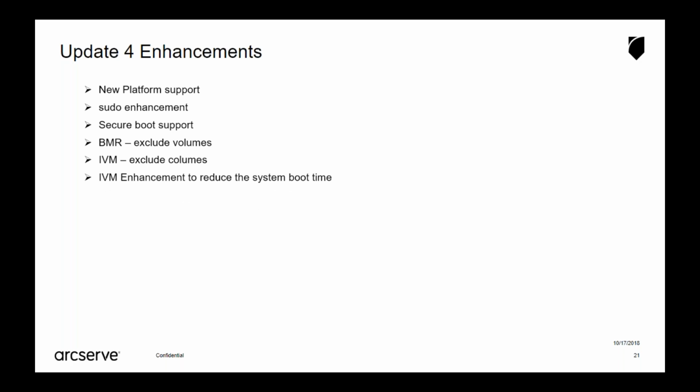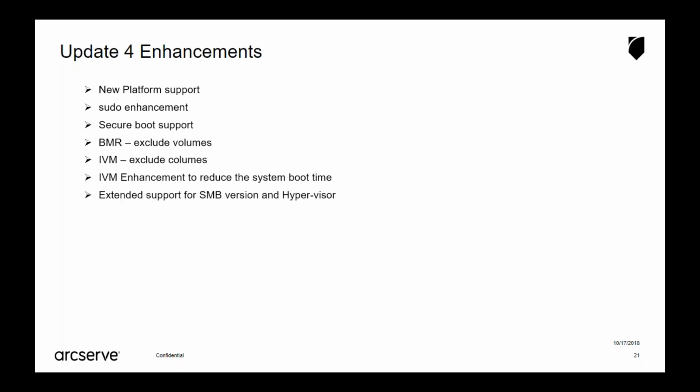We've done an IVM enhancement to reduce the system boot time. With the older versions, we used initd, but now we use systemd in the latest versions of Linux. So it reduces the boot time a lot more when compared to the older versions.